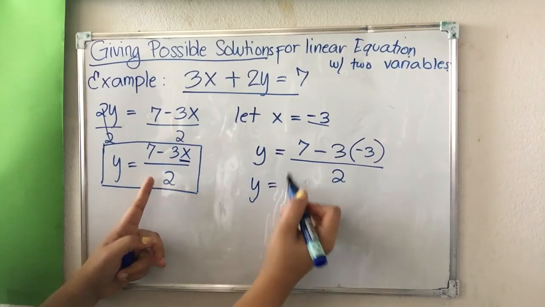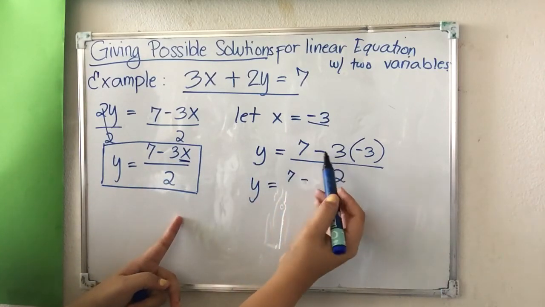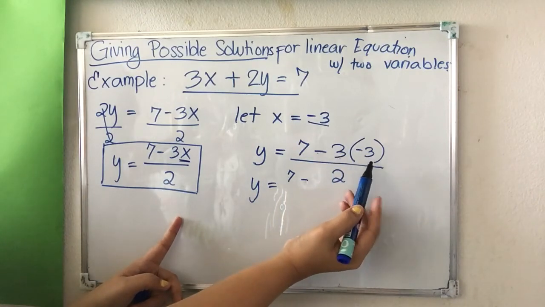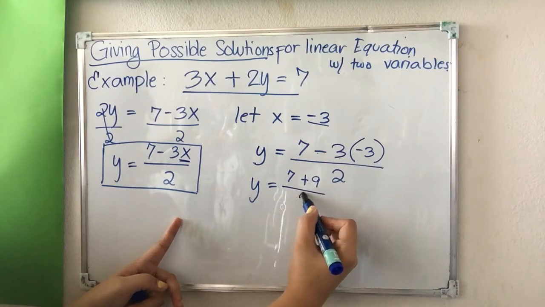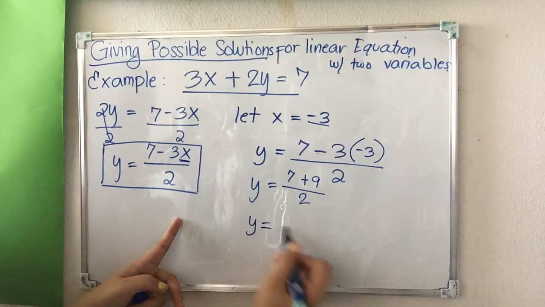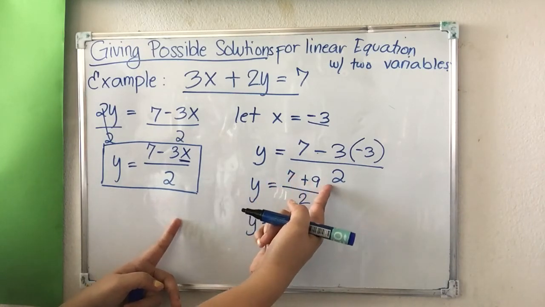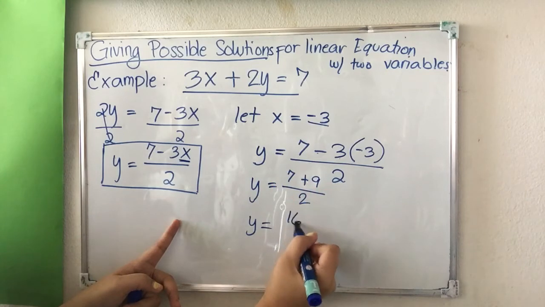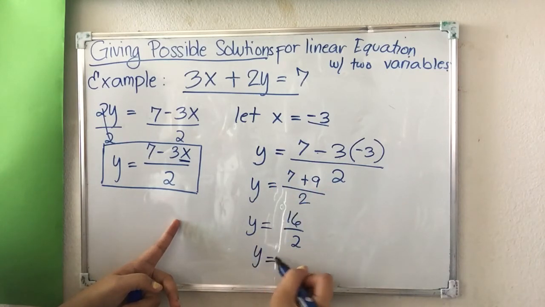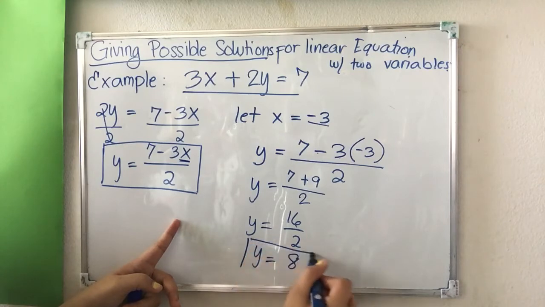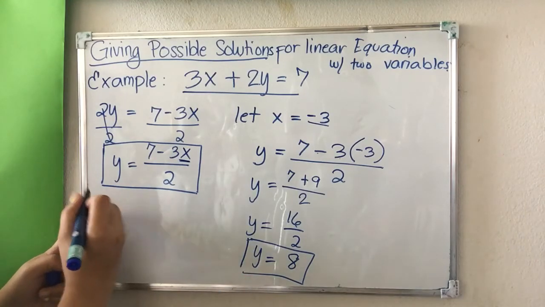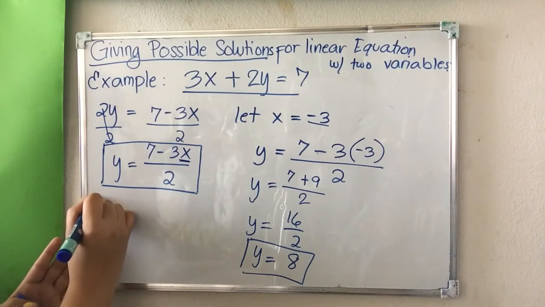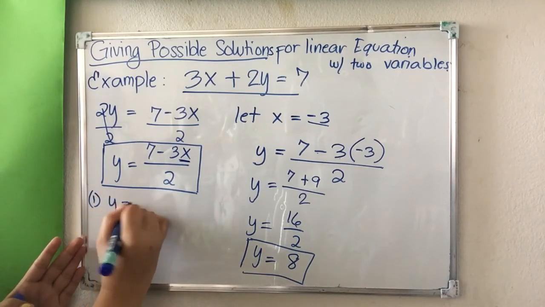So y is equal to 7 minus negative 3 times negative 3, which is positive 9, over 2. Simplify: 7 plus 9, that is 16. Divide by 2, y is equal to 8. So this is our first solution. So the first solution, we have y is equal to 8.